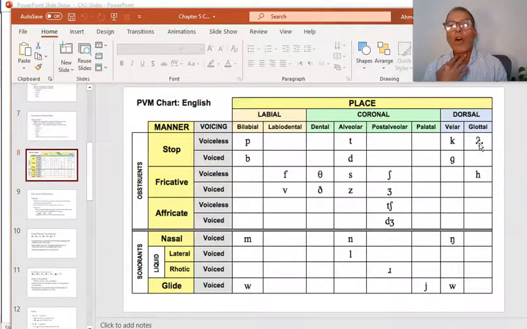You don't say cotton, you say cot'n, but'n. So you notice you closed the vocal folds completely, closed the airway. That's why it's called the glottal stop. All of these together share one thing: they are all stops. The airway is blocked when you make any one of these. P, B, T, D, K, G, and the glottal stop.